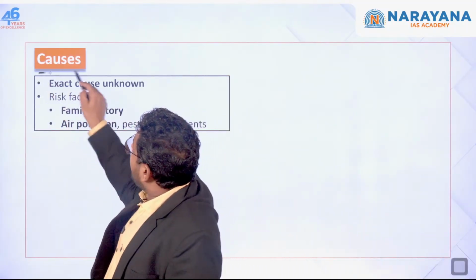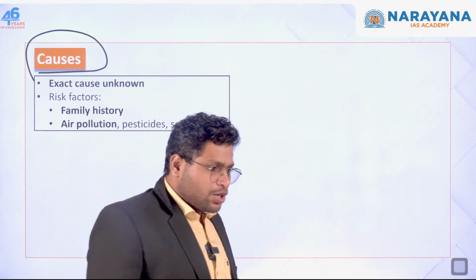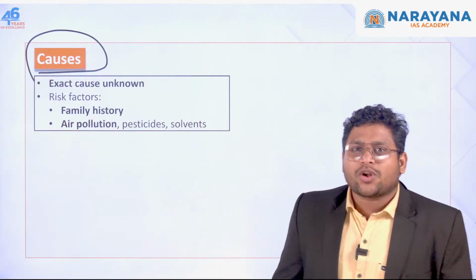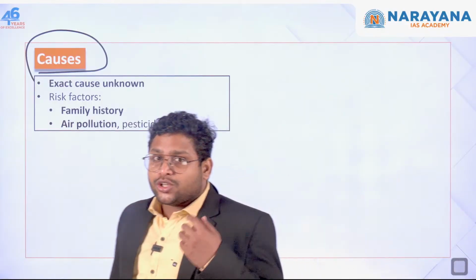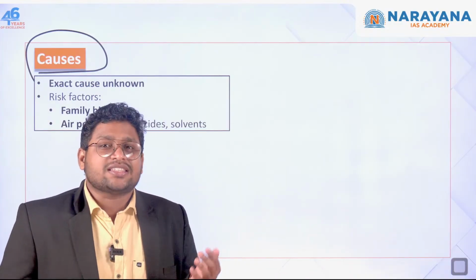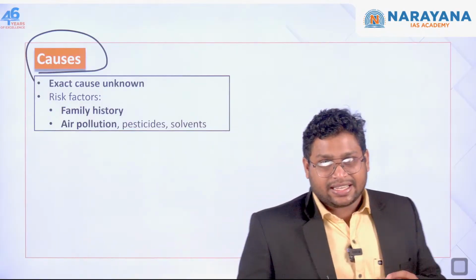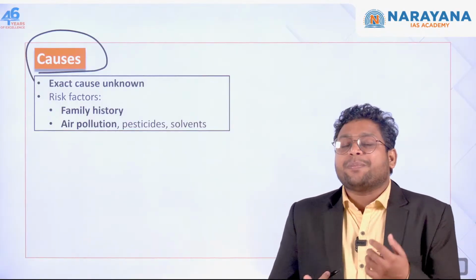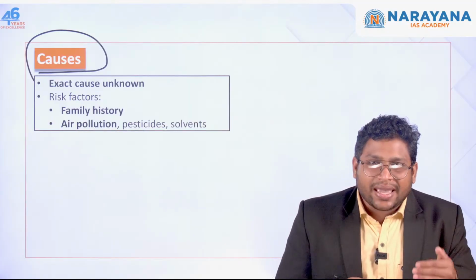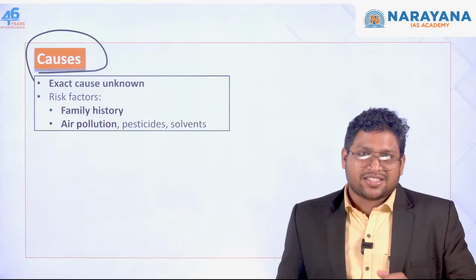If people ask why brain cells have started dying, is there any cause? Has any bacteria or virus entered because of which your nerve cells have started dying? The answer is no. Scientists are still researching to find the real cause behind this disease, but they're still not sure of the main reason.